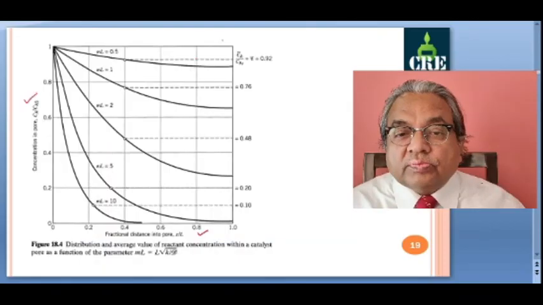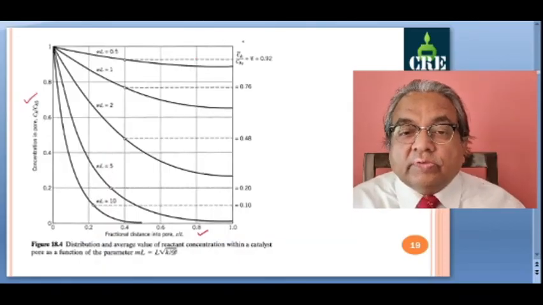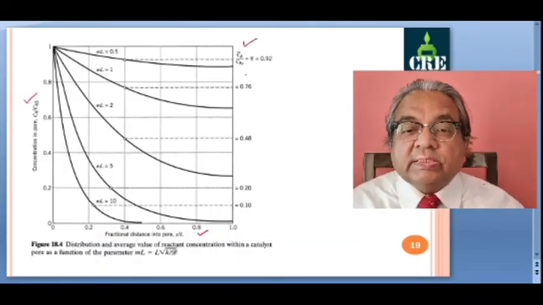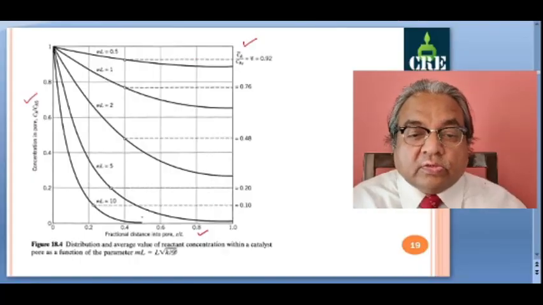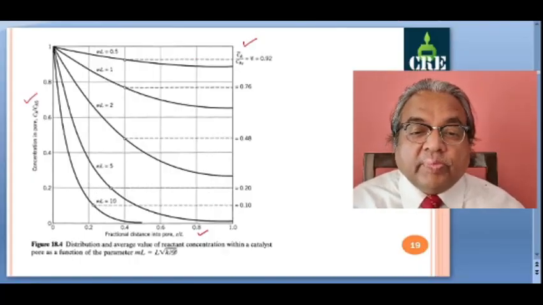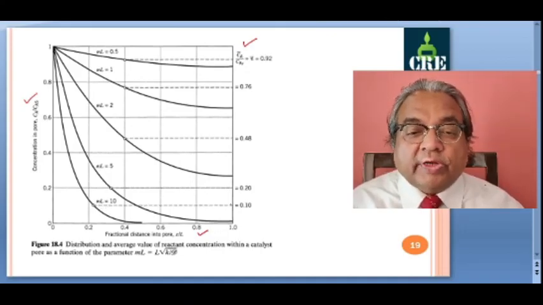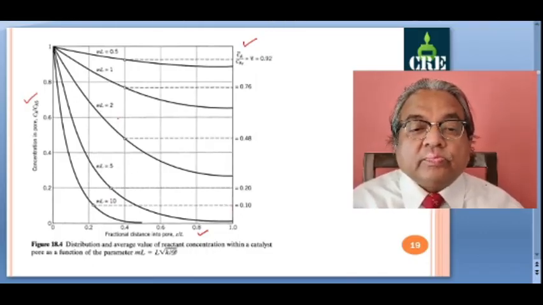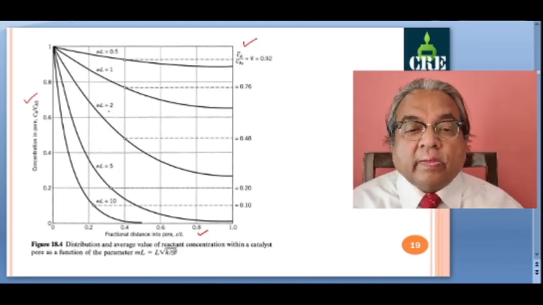Here also is the efficiency Ca bar by Cas. So you can see here, for this value of mL, 1 by mL is 0.1. For this value of mL, 1 by mL is 0.2. Here, mL is equal to 2, so it is not greater than 4.